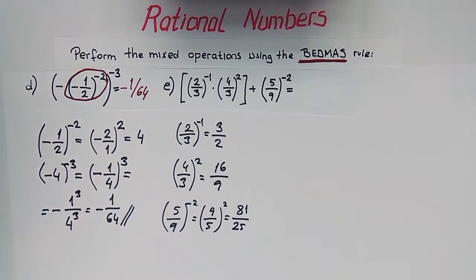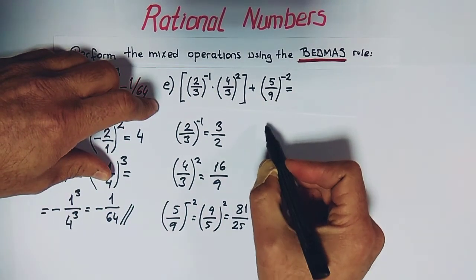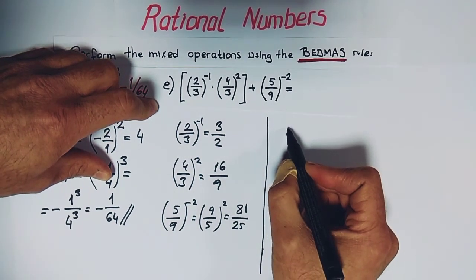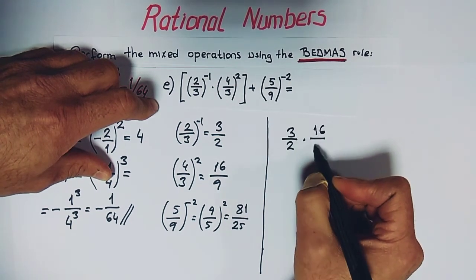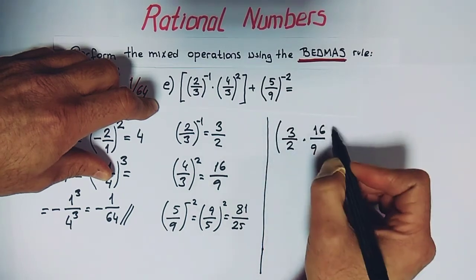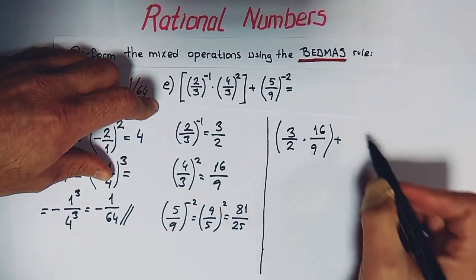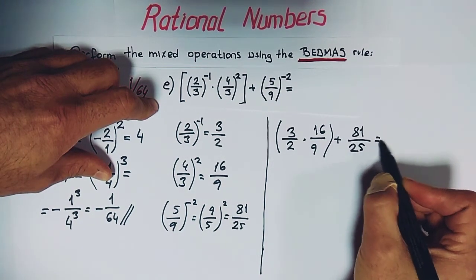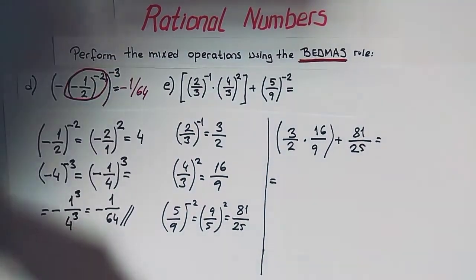So, I can write the question again. I continue here. 3 over 2 times 16 over 9, and then plus 81 over 25. Okay, it's equal to what? Here we have multiplication.